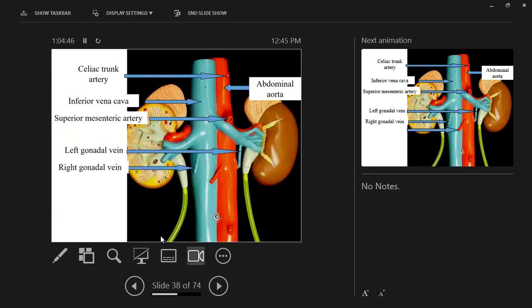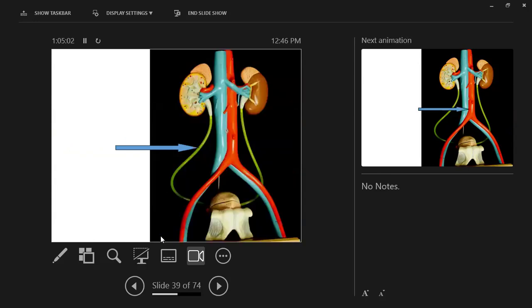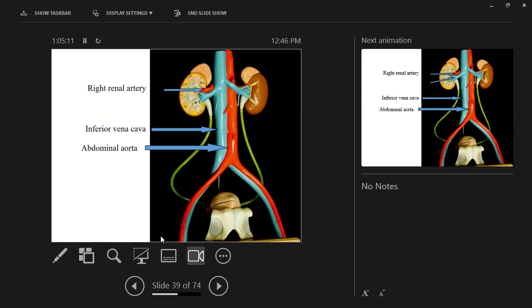There is the right gonadal vein. The right gonadal artery. And the inferior mesenteric artery shows up a lot better on the whole model as opposed to this. Okay. The abdominal aorta, the inferior vena cava, the right renal artery, the right renal vein.